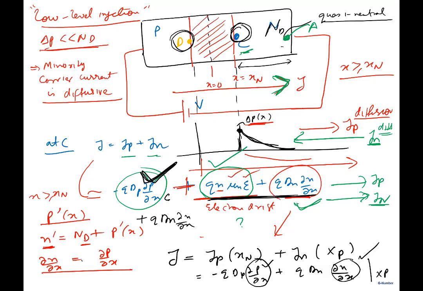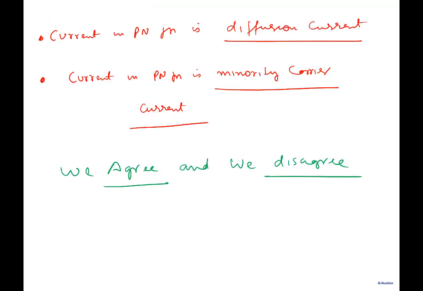And electron diffusion current is actually larger than hole diffusion current. What does it imply? The biggest current component in magnitude is electron drift current. So we disagree, right? The current in a PN junction is diffusion current? No. It involves drift and diffusion.